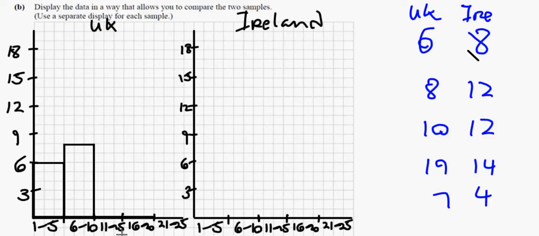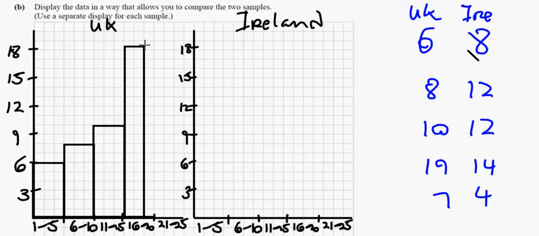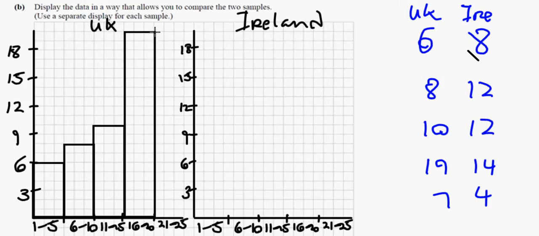The third one is 10, which is going to look like this here. The next one is 19, which is going to be up here. And the one after that is going to be 7, which is here. Now the last one, you might want to space that out a bit better. You could use a gap of 2, maybe, to space it in a bit better.